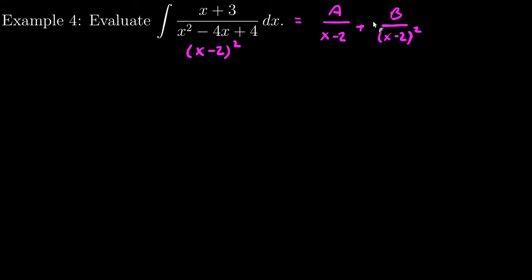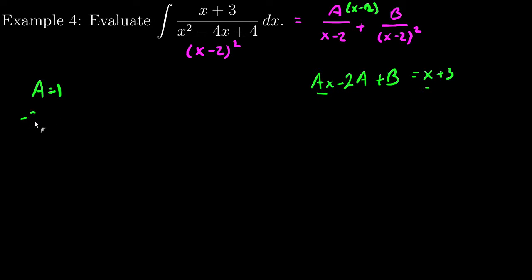But here, I'm not going to have any x's up here. I can do the work we saw earlier. So this is missing an x minus 2. This isn't missing anything. I don't need to bring it in. So I get ax minus 2a plus b, and that has to equal x plus 3. And I group it up, and I get a equals 1, because a and x.